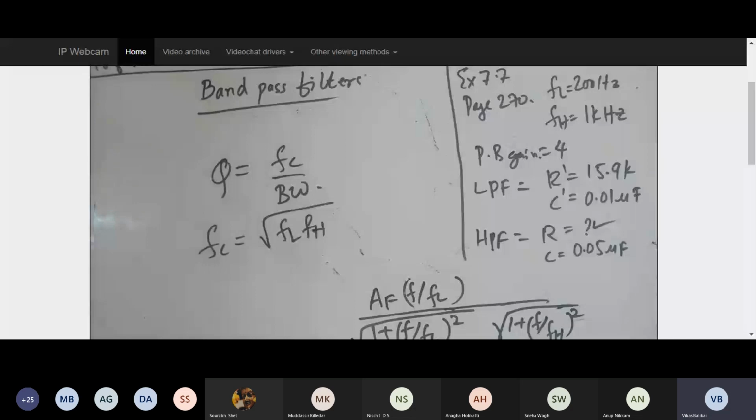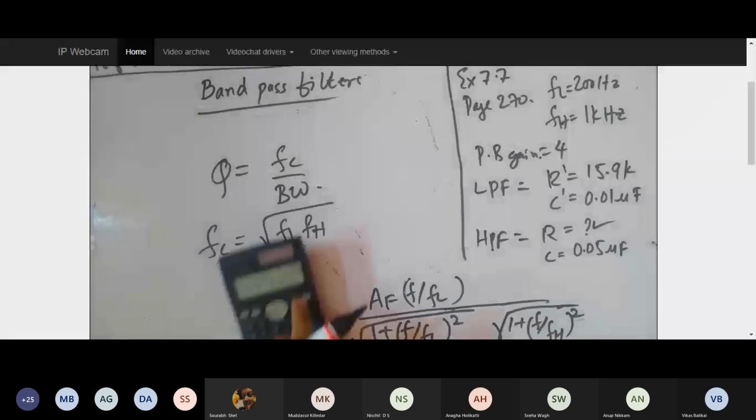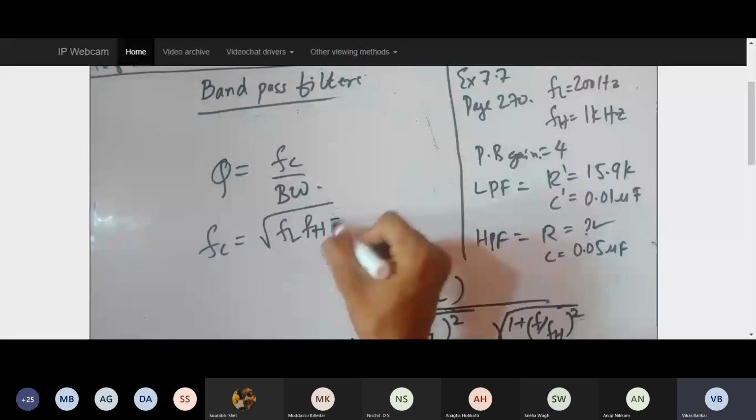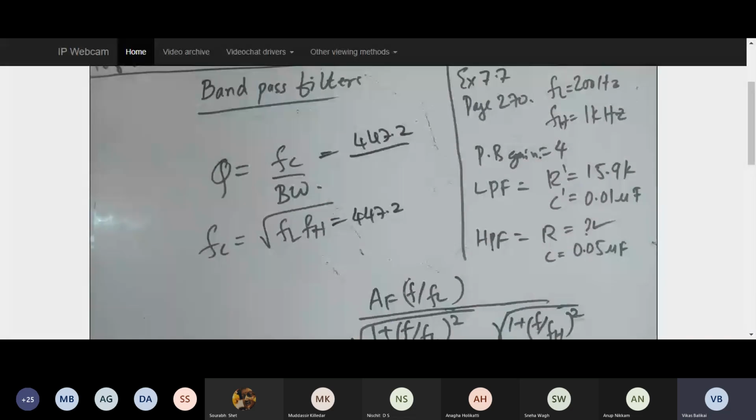So if I do that, I'm doing it over here. Look here, square root of 200 into 1K, I did it, and I'm getting 447.2. So 447.2 whole divided by what is bandwidth? Bandwidth is nothing but the difference between FL and FH. So what is the difference between 200 hertz and 1 kilohertz?